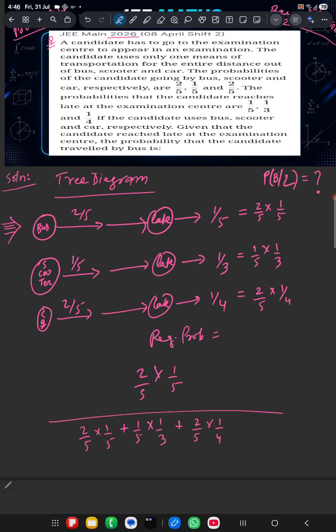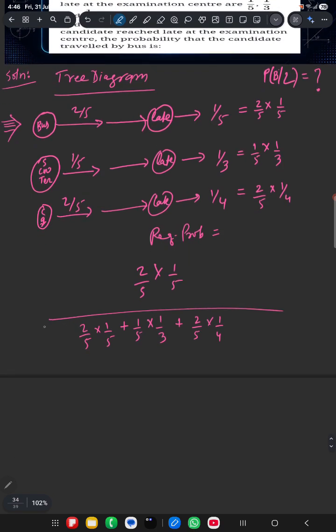So how can you solve it now? If you simplify, you will get 2 by 25 in the numerator, and in the denominator 2 by 25 plus 1 by 15 plus 2 by 20, which cancels to 1 by 10.